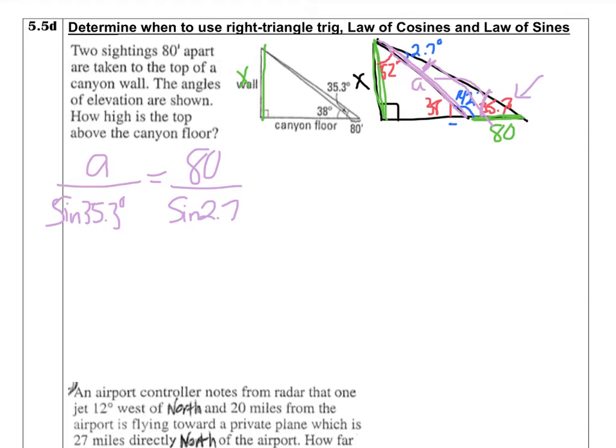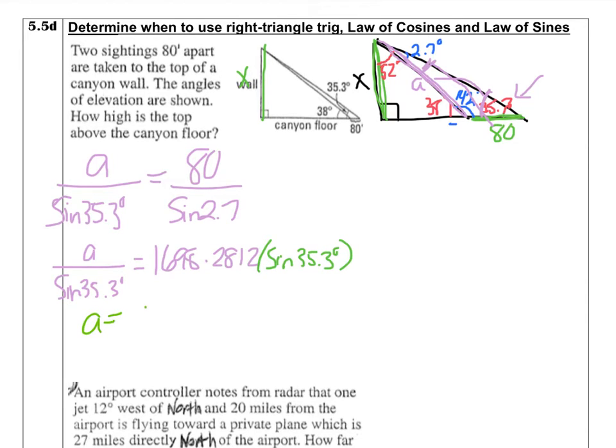To simplify this, I'll put this in my calculator and get the answer, and then I'm going to multiply by the sine of 35.3. So here's what we have when this is simplified. And this is A divided by the sine, so let's go ahead and multiply. I'm going to multiply this by the sine of 35.3 degrees. And then that's going to give us that side length A is 981.365.